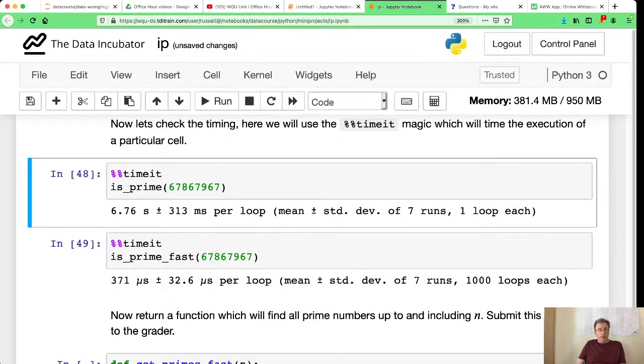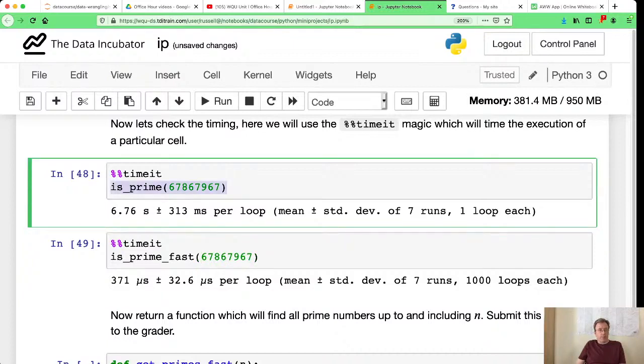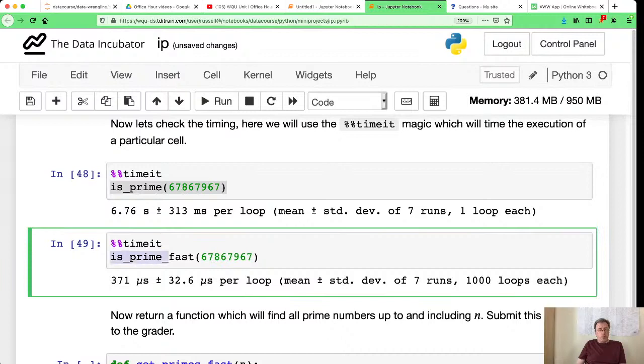So, right, we have a significant speed up here. We went from 6 3/4 of a second to test this function. And here the microsecond is 10 to the minus 6, I think.